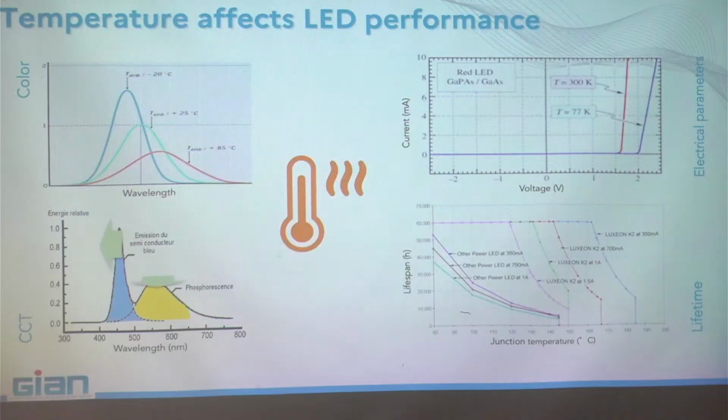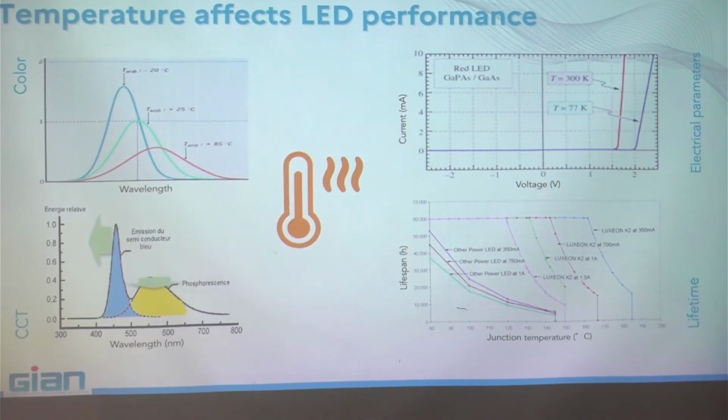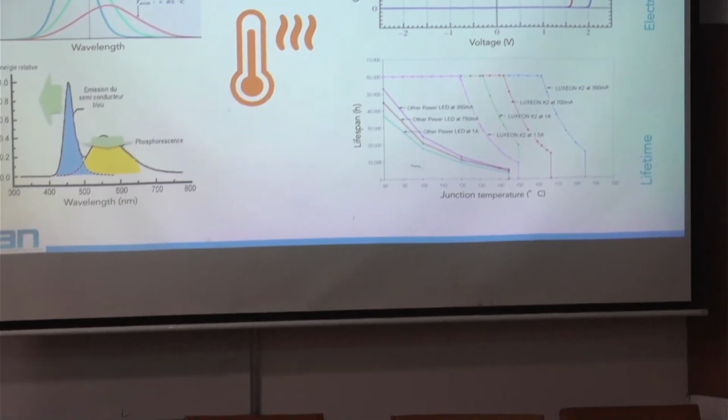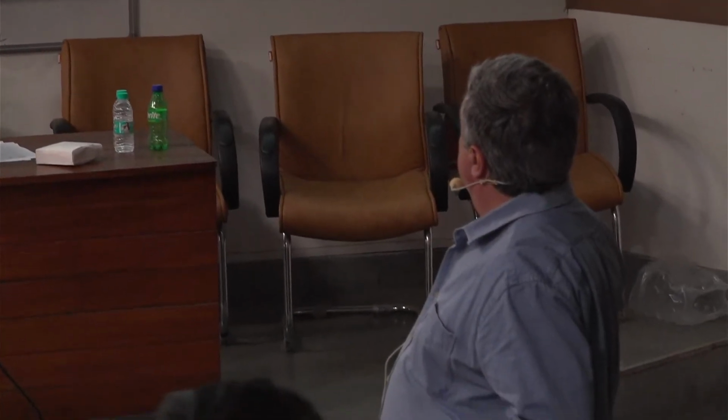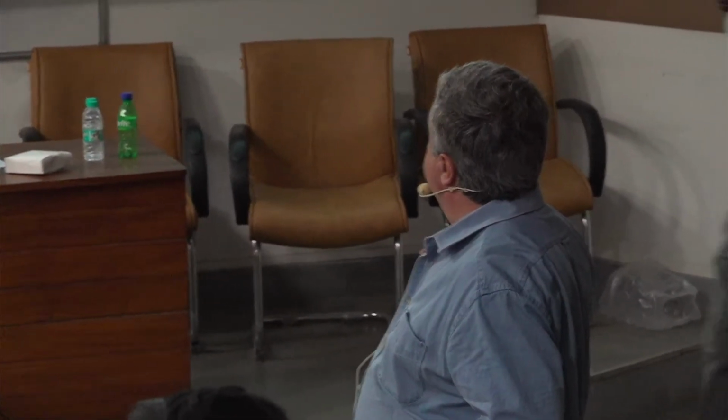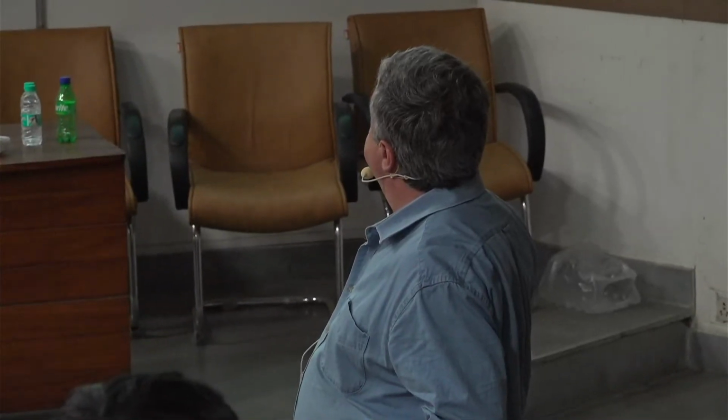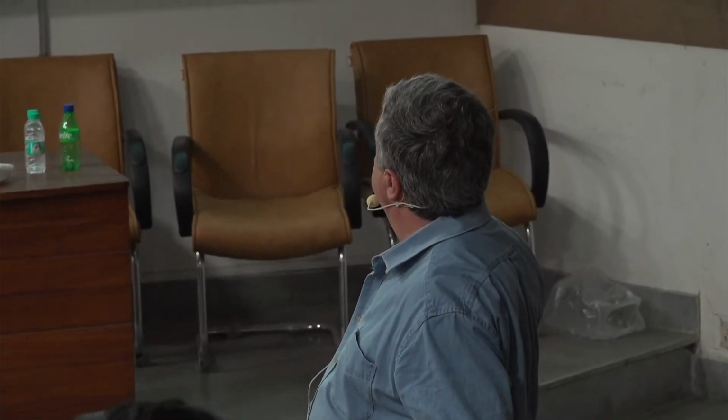Same thing here, very important. If you don't control the current inside your LED, you may have huge problems, because what this graphic shows is that when temperature increases, from here to there, the voltage threshold is decreasing.